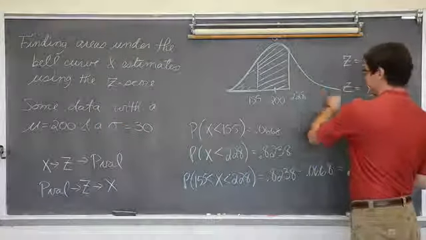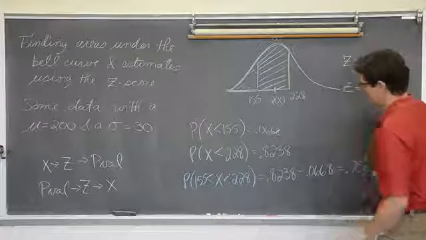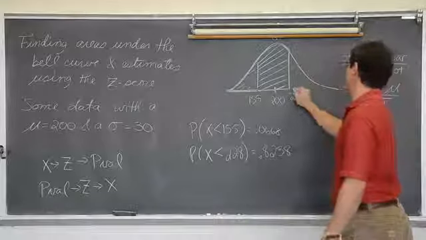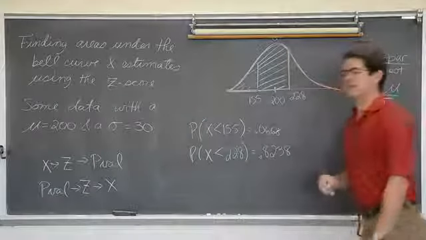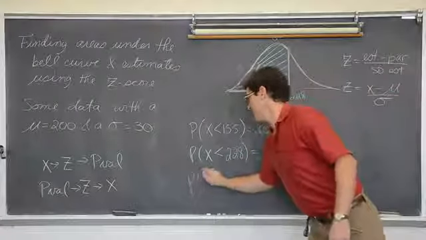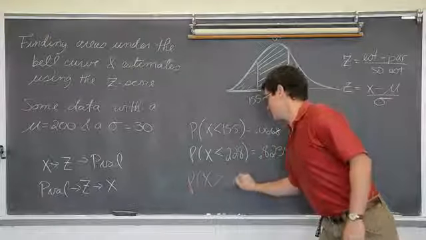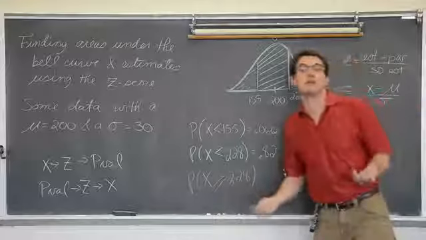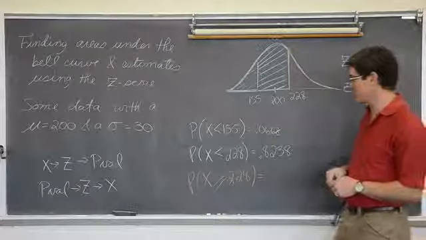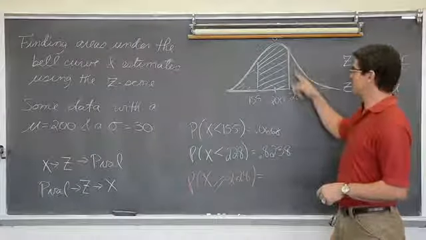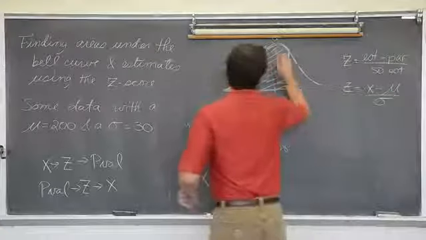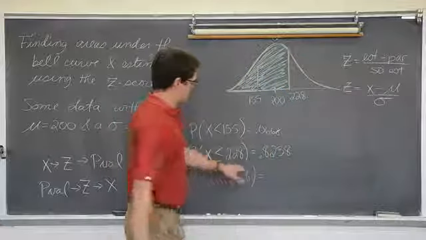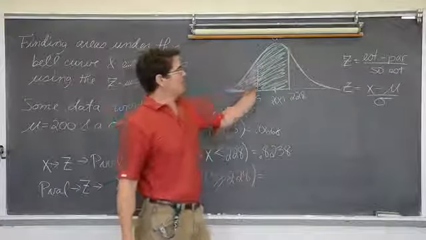Now, what if I want this area? What if I want the area to the right of 228? What if I want the probability of x being greater than 228? Or let's just throw an equal sign in there for good measure, because it's not going to do anything anyway. You just have to match the wording of your question. To the right of 228, if this is a density curve, and I'm focused on this green area, all of this, which is 0.8238, how much is on the other side?